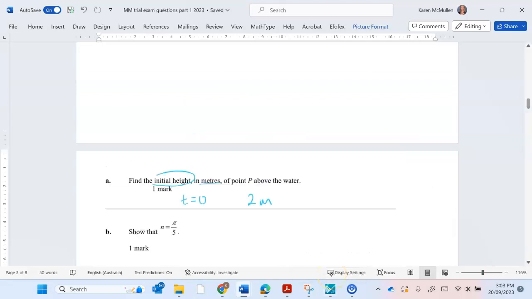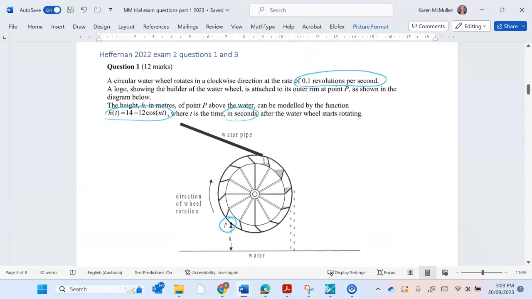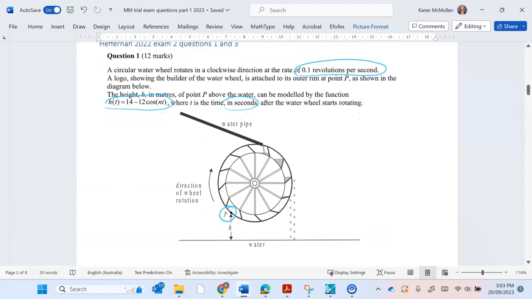All right, so I need to go back to the question. We're going to use our understanding of these revolutions per second. So 0.1 revolutions per second basically means it's gone 1/10 or 0.1 around. So this point P has gone 1/10.